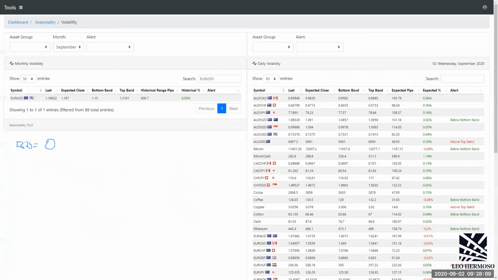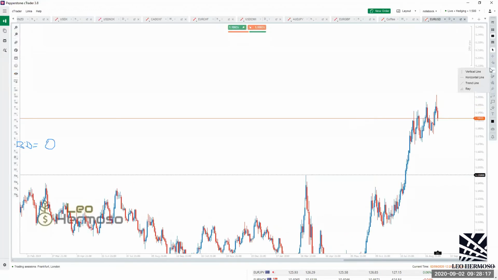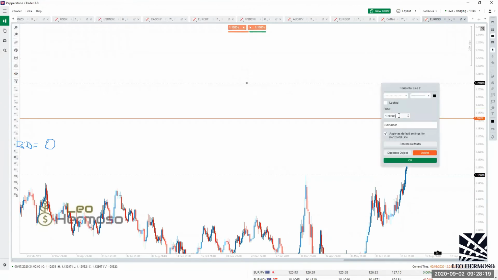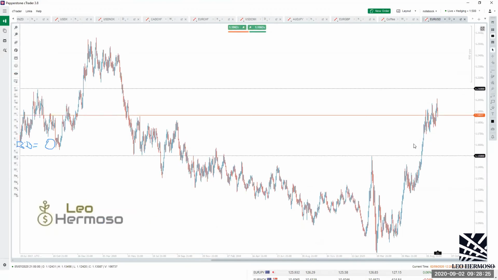And for the expected high, we have 1.21. So this is the range that, given the past behavior of Euro USD, we should expect for this month.